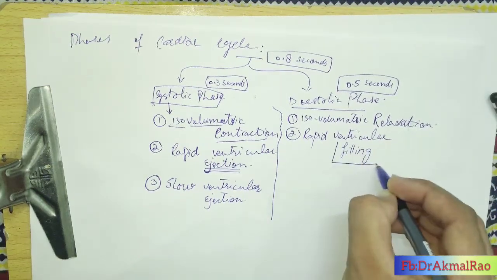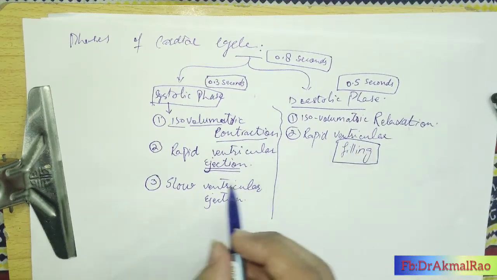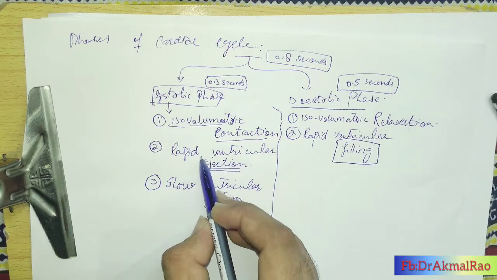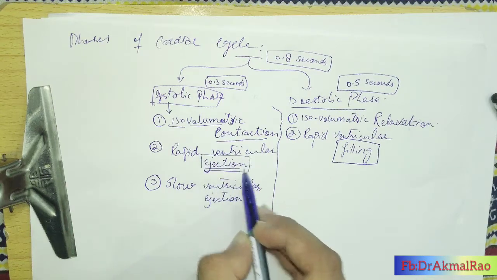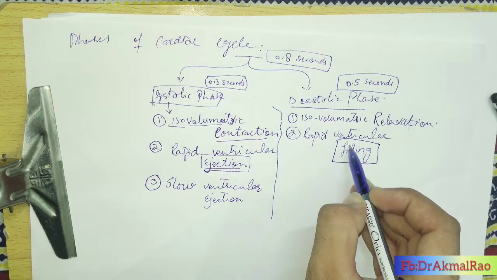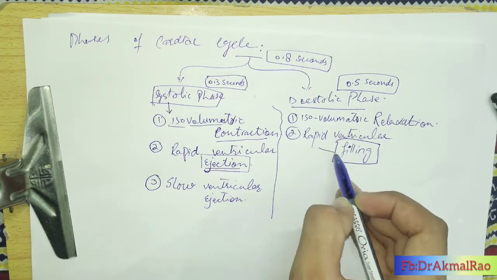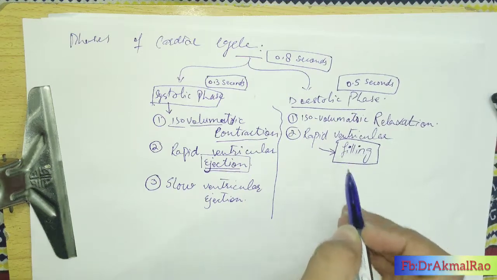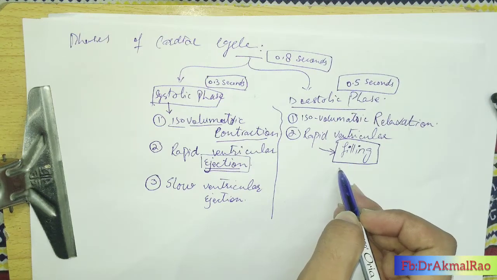Now we have this difference: in the systolic phase, the ventricle was ejecting the blood out of the ventricle, and in the diastolic phase, the blood is coming inside the heart. It means the ventricles are filling with blood.